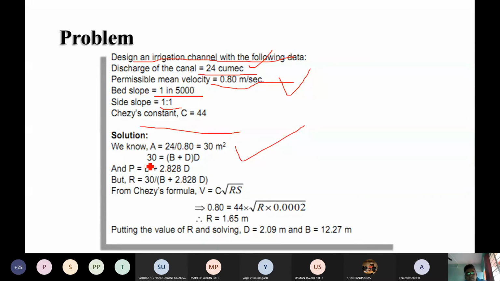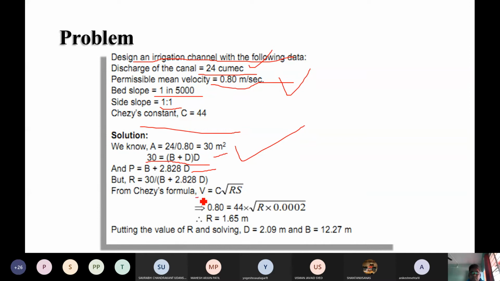For this channel we are observing, the area 30 is equal to (b plus d) into d. Please note down. And the perimeter you have to observe is b plus 2.828 times d. These are the standard formulas, and you need to consider this dimension. So you remember for the most efficient section, for the rectangular section as well as the trapezoidal section, but in most of the cases always prefer the trapezoidal section.